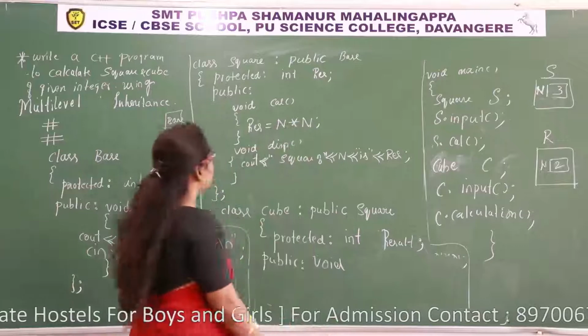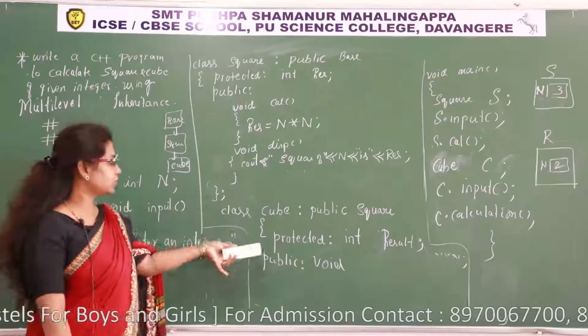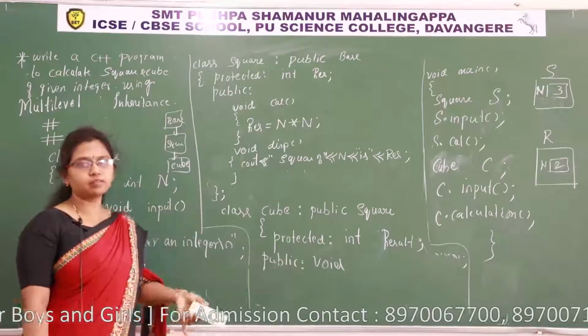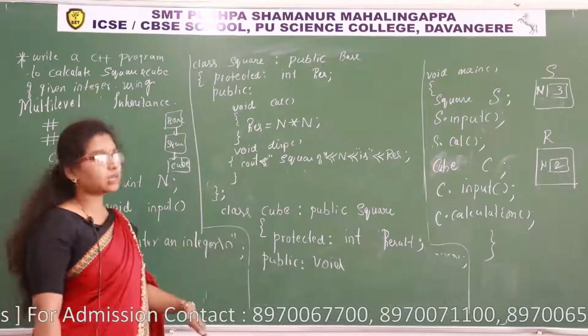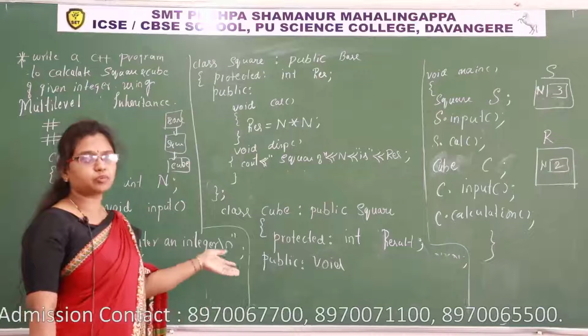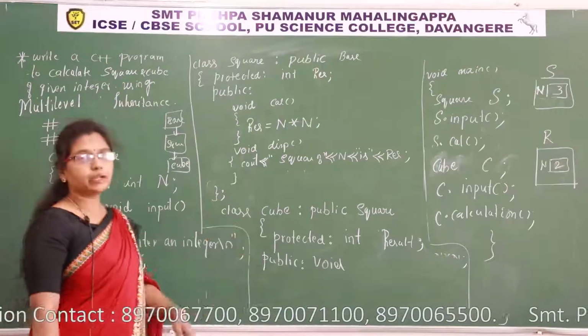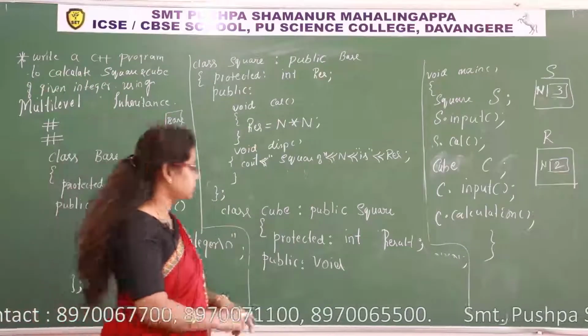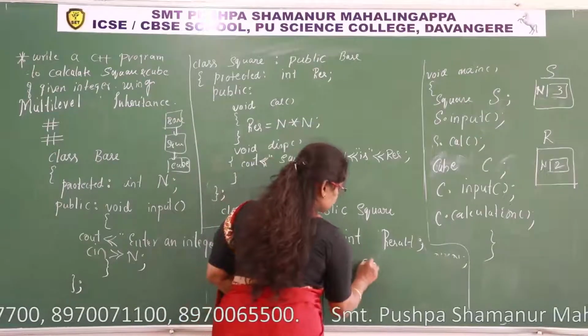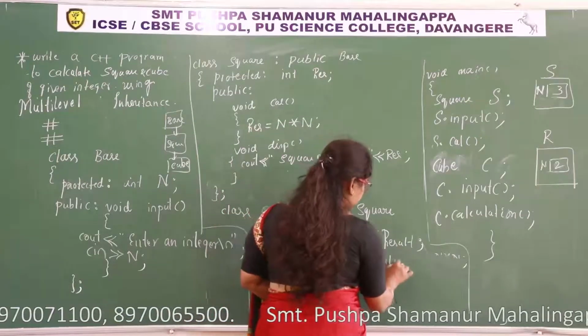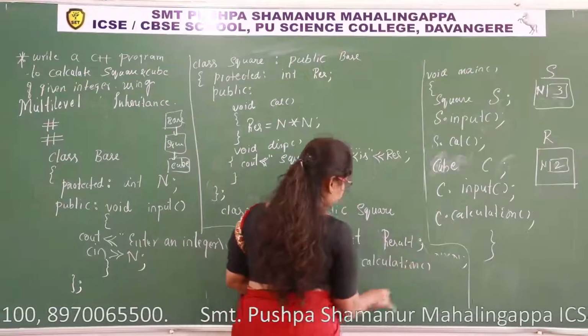Here I had taken cal function in the base class, so I'll change the function name. I'll show you later how to take same function name in both classes, both in base class and derived class, and how to access. So in this example, I'll take a different name, calculation, name of the function calculation.